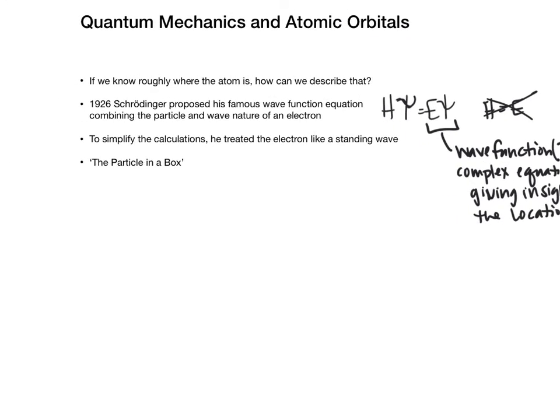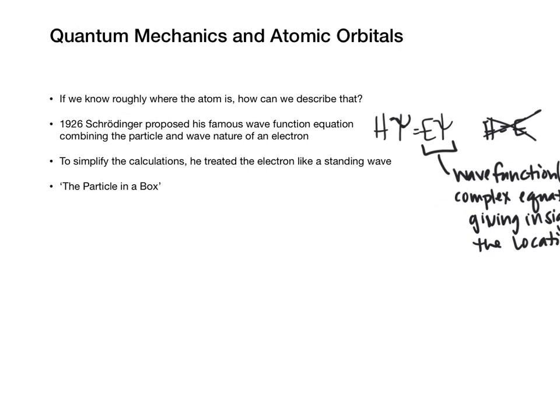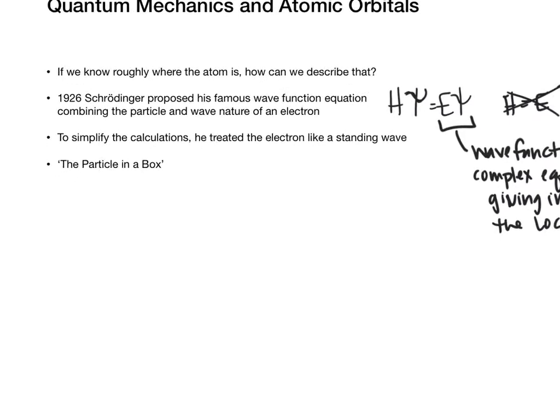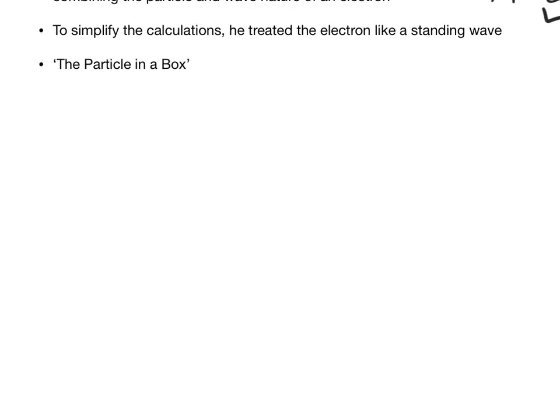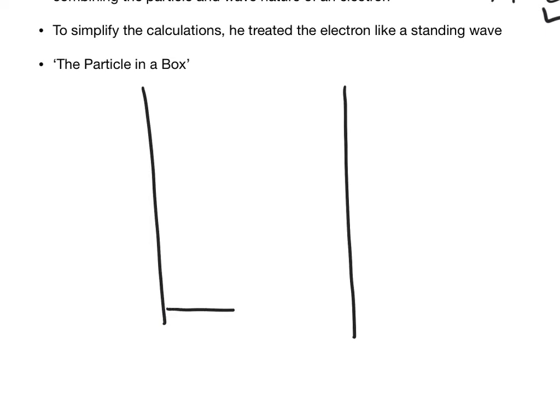In order for quantum mechanics and the H psi equals E psi equation to work, he needed to simplify this down. So he started to treat the electron like a standing wave. You may have heard of something called a particle in a box. Basically he set it up so that the particle must live inside the box. Then we have our different energy states, n equals 1, n equals 2, n equals 3.